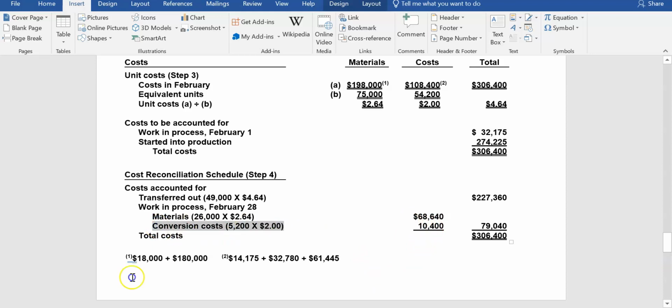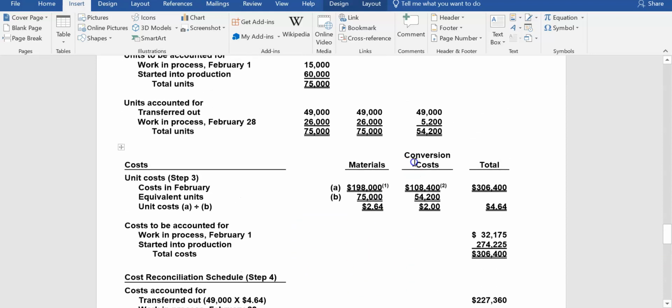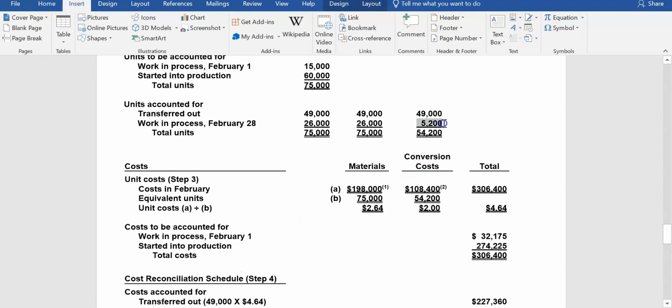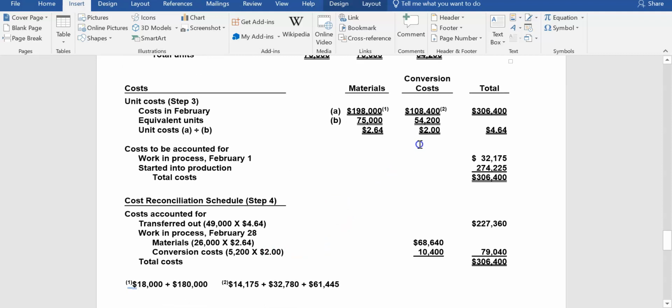And conversion, total equivalent units with respect to conversion cost, still in process, 5,200 at a per unit cost of $2. 10,400 needs to stay in there in the work in process account for conversion. Total costs that need to remain in work in process, 79,040.